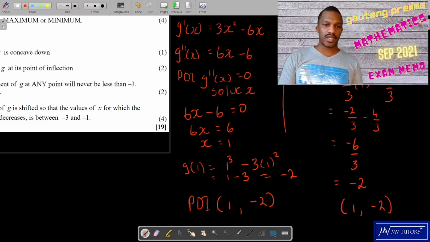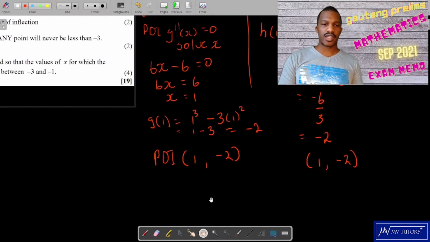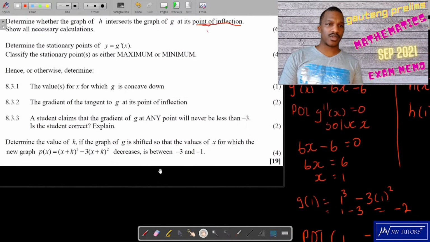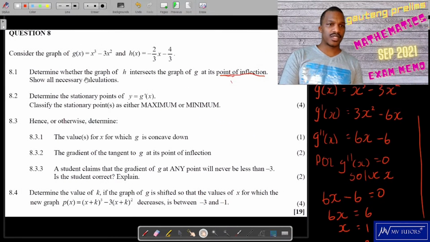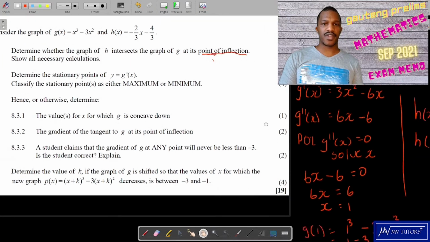So I can therefore conclude. Let's go back to the question just to make sure. Determine whether the graph of H intersects with the graph of G at its point of inflection.